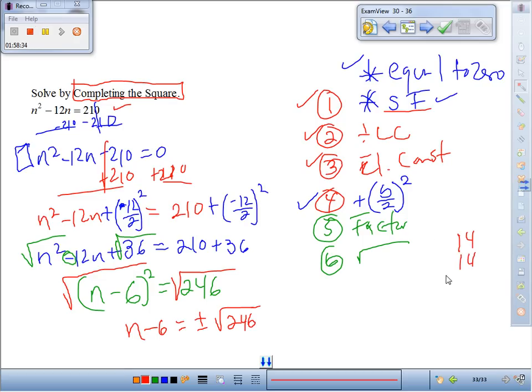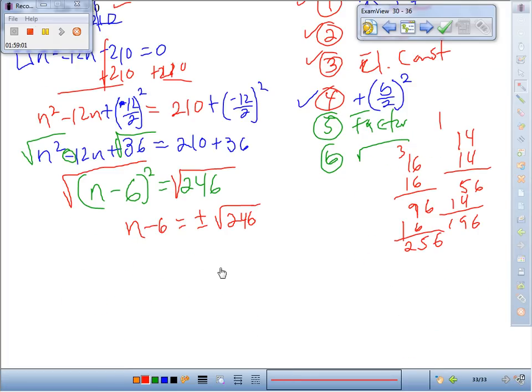Okay, they said 14. Let's see. 14 times 14: 4 times 4 is 16, that's 5, 4, that's 196. Close. How about 16 times 16? That's 256. So therefore, it's not a perfect square.